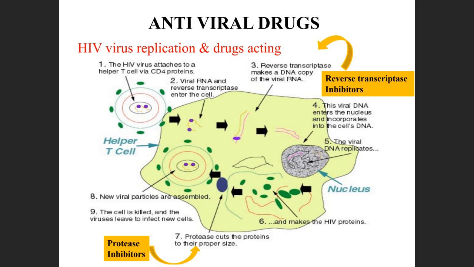And thus it goes into the nucleus and undergoes multiplication. Then it makes HIV protein, and this may lead to the formation of protease protein that will cleave the protein to the proper size, and the cell is killed and the virus leaves the infected cell, goes outside and infects a new cell, and new viral particles are assembled.